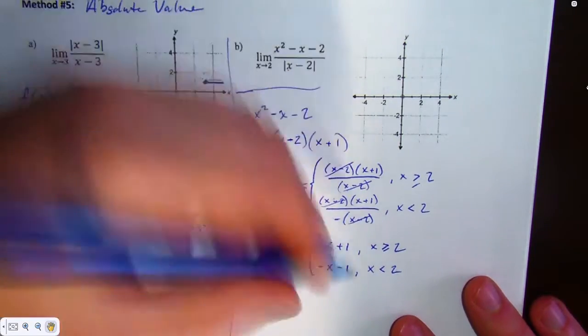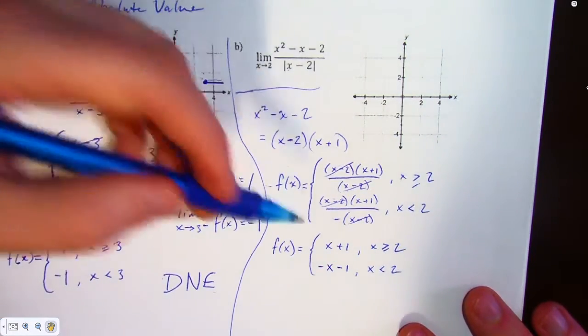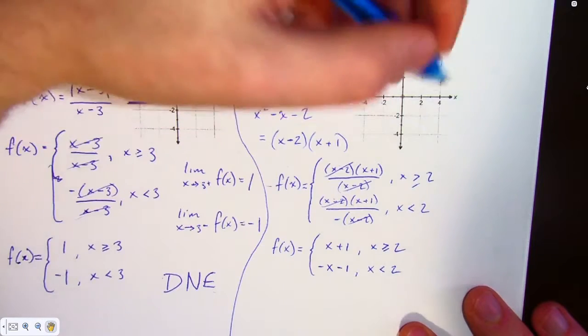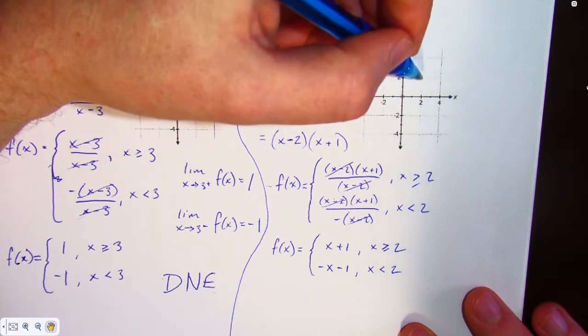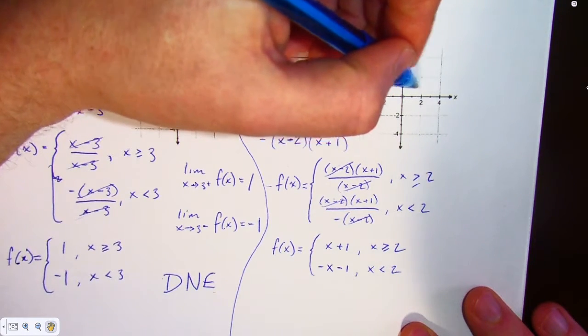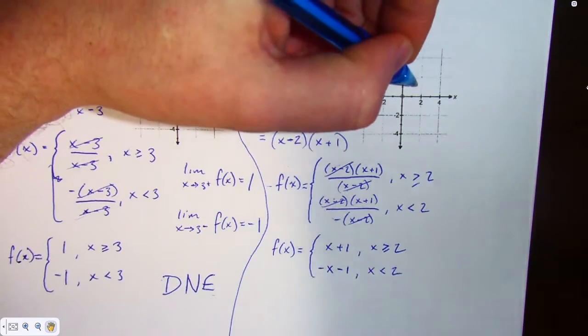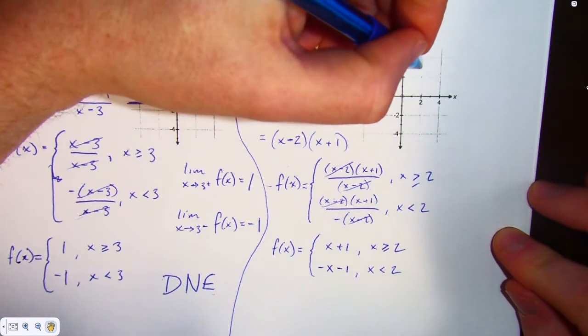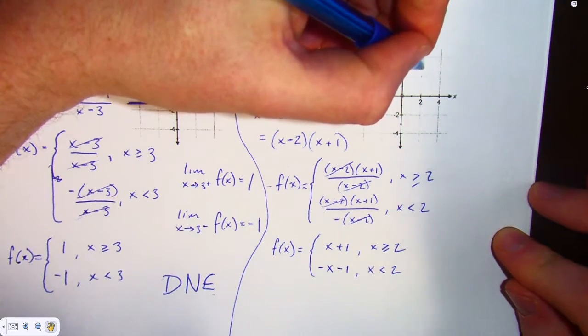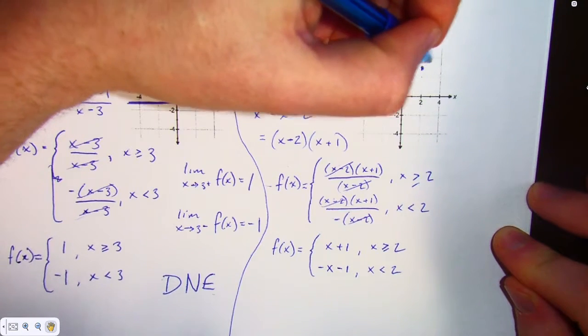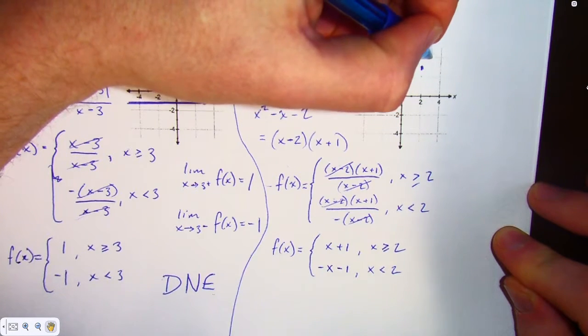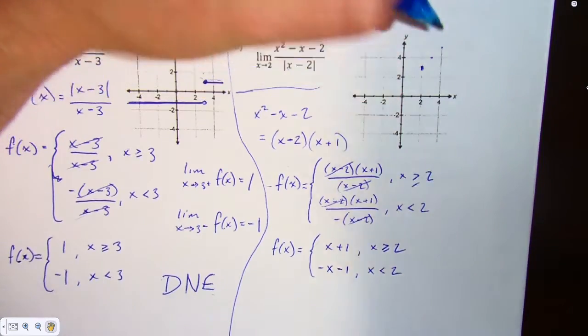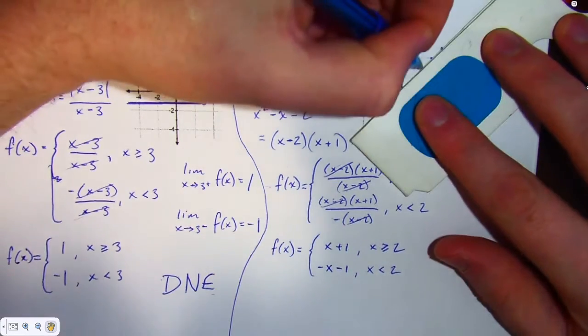So again, I'm just going to graph it. If x is greater than or equal to 2, we've got x plus 1. So it would be 3, and then 4, and then 5. So it's going to look like this.